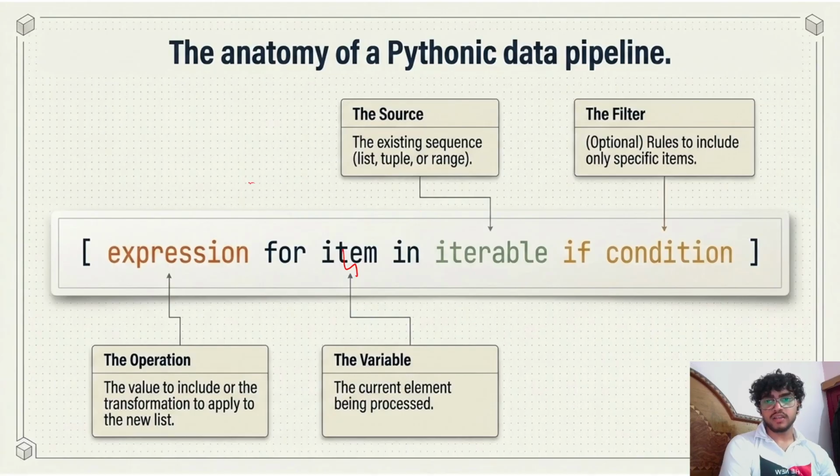So this is the syntax: first you write the expression, then for, then a variable, in, then the iterable, if, then the condition.